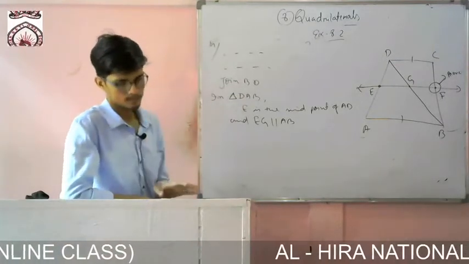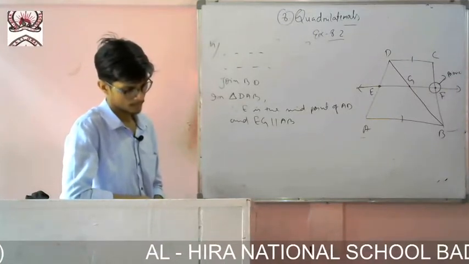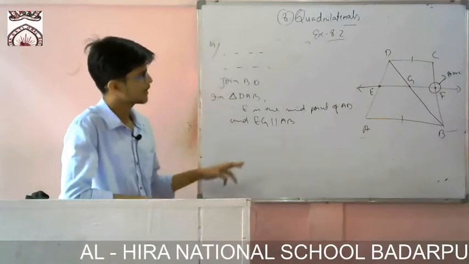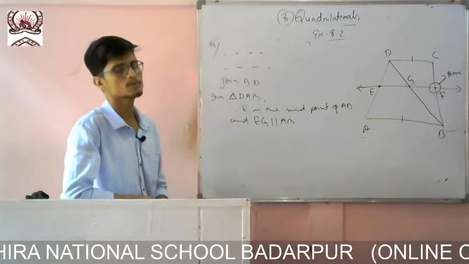If you see the converse of the midpoint theorem, if E is a midpoint and EG is parallel to AB, then G is also the midpoint.